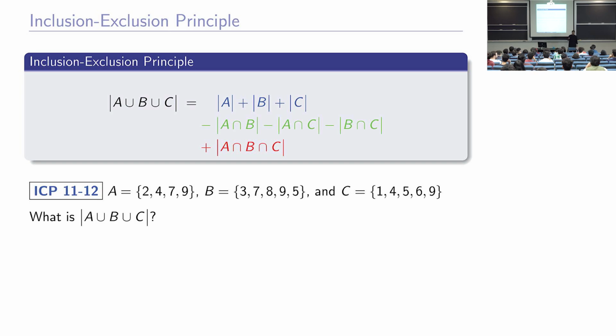Okay, so I will add 4 plus 5 plus 5, that is 14, and then I subtract the cardinality of A intersection B. Okay, work it out.